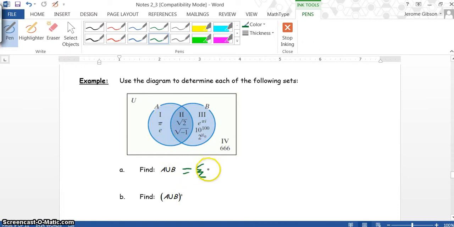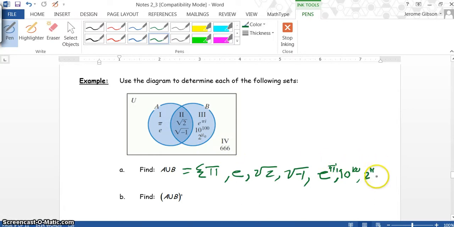A union B will be pi, e, square root of 2, square root of negative 1, e to the pi i, 10 to the 100th power, and also 2. I can't really make this symbol that well, but I'll give it a try.